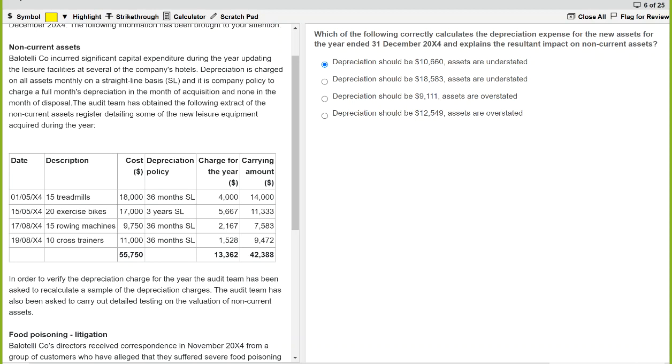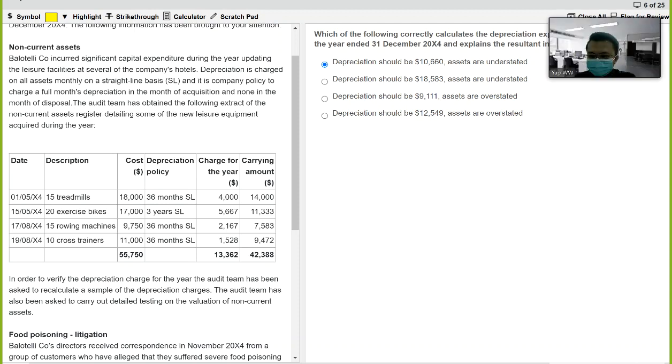Remember to bring a calculator into your exam hall also. You may need your calculator. The first one, 18,000, 36 months, right? They bought it in May.